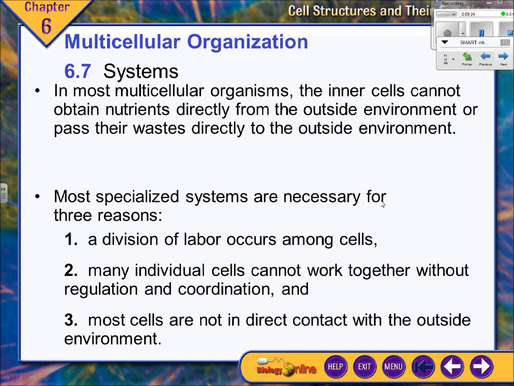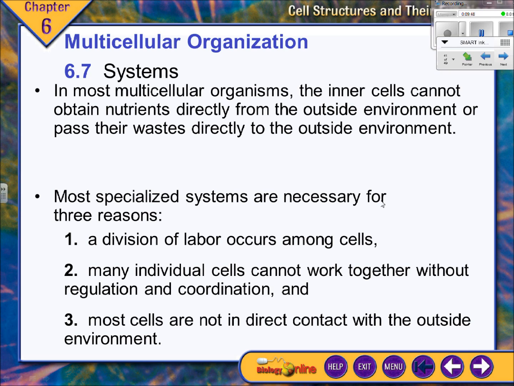Okay, but my point here is you have to come up with a whole system to get things in and out of cells if the cells are deep and away from the environment that they need to get things from or release things to. Does that make some sense, you guys? Because that's the bigger topic of understanding here with multicellular organisms.